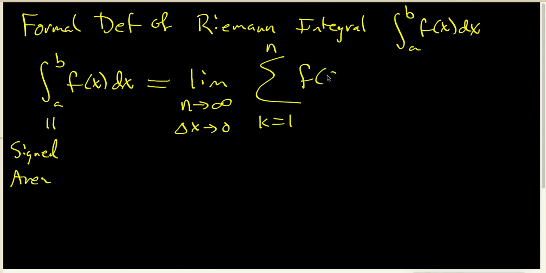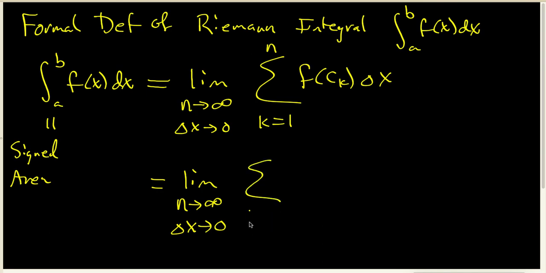Of f of c_k times delta x. Now it's important to understand that what this particular set of symbols is saying is that the definite integral is the limit as n goes to infinity, and as delta x goes to 0, of the sum as k goes from 1 to n.